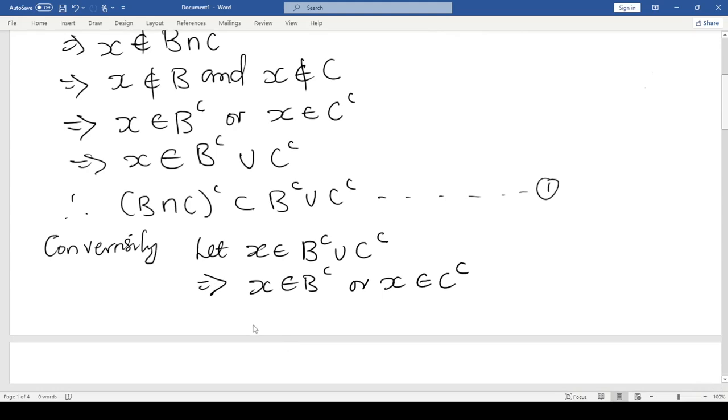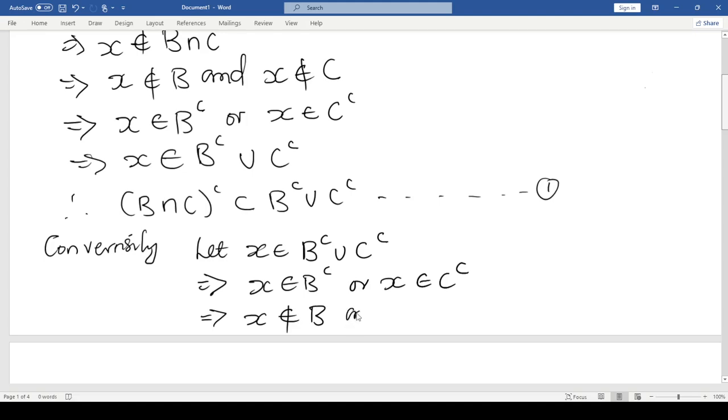So now if X is a member of B complement here, then X is not a member of B. So we've changed from X belonging to a given set to X not belonging to this set at all, meaning that we also change the word that we're using in the middle there.